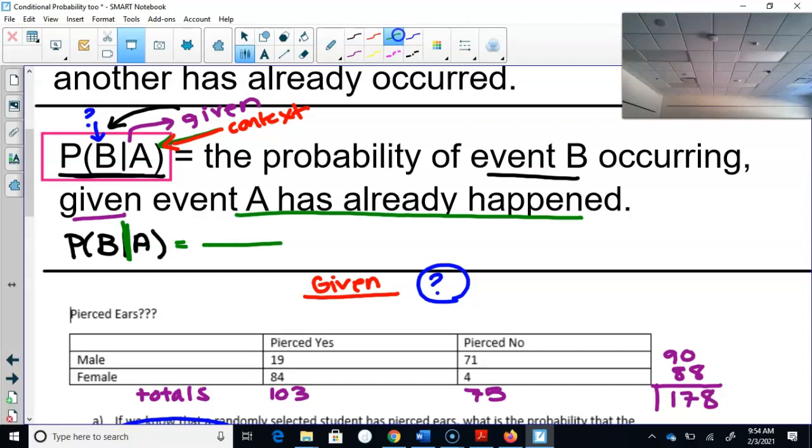So we make a fraction bar. Then we talk about our given context. Given A has happened, whatever has happened goes in the denominator. Whatever has happened goes in the denominator. Whatever the question is, right here, that goes in the numerator.